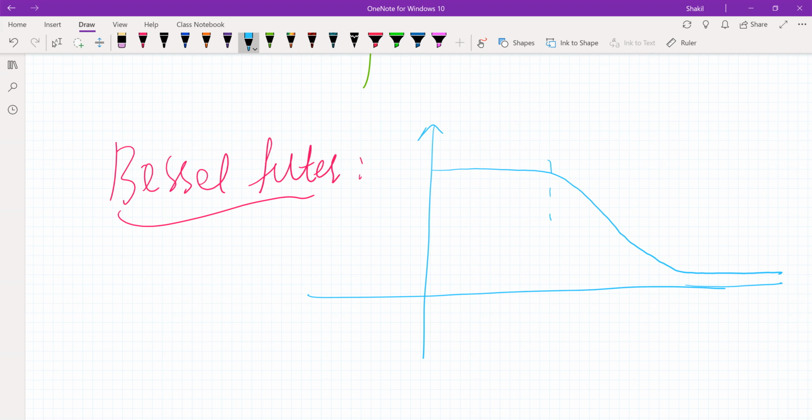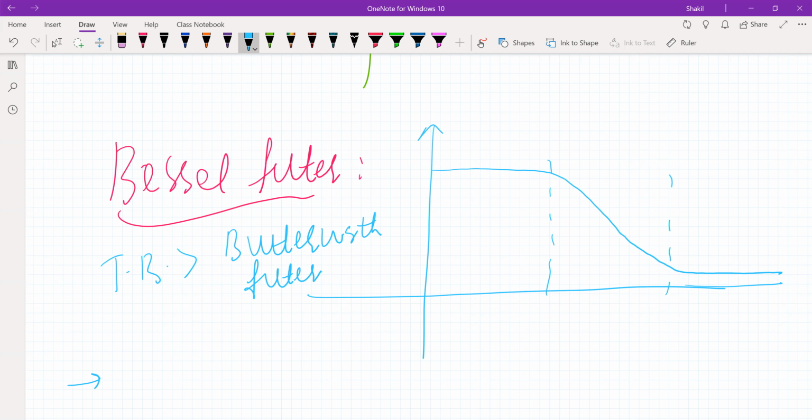The only difference is that the Bessel filter has a larger transition band as compared to the Butterworth filter. Now, what is the advantage of having a larger transition band?